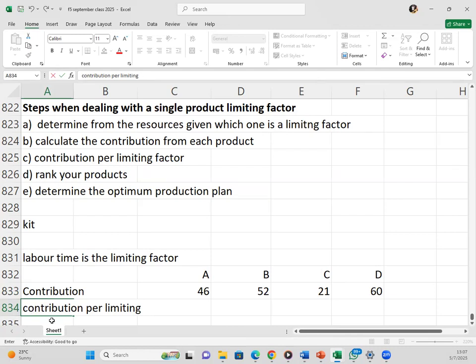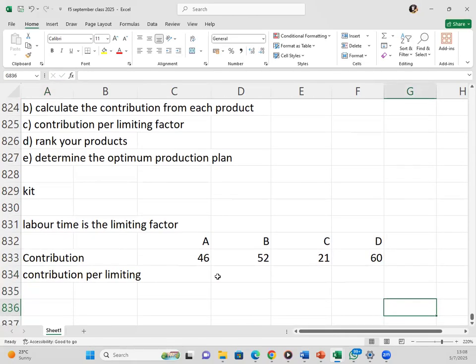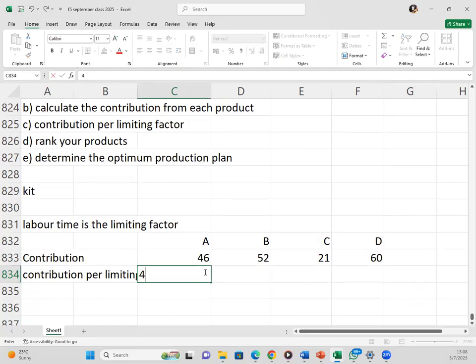In this case, our limiting factor is labor time. So you'll be saying each unit of A is giving you $46 profit.